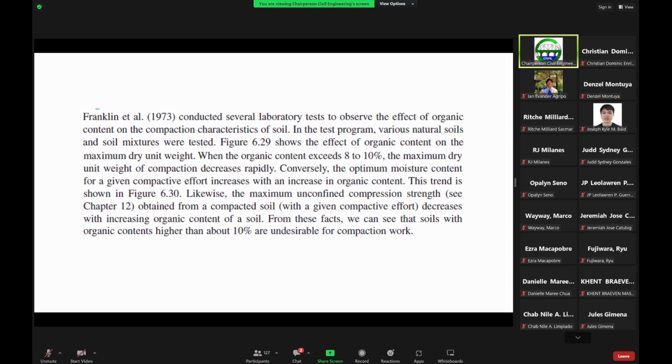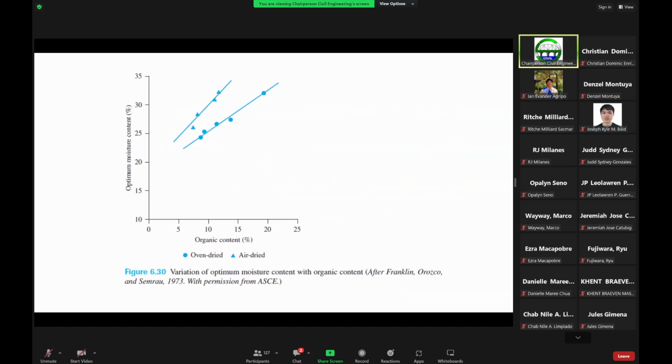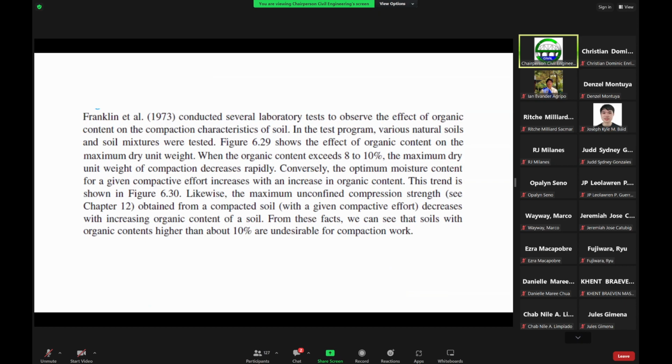So based on these results, they found out that soils with organic contents higher than about 10% are undesirable for compaction work. Although in practice, I think we specify a number lower than 10%. Yeah, we specify a lower amount for the organic content. That's in practice.